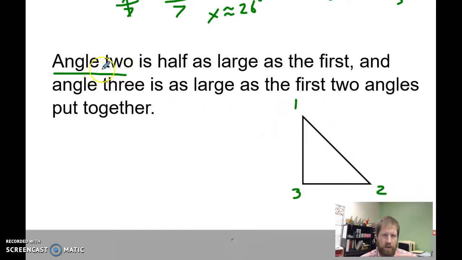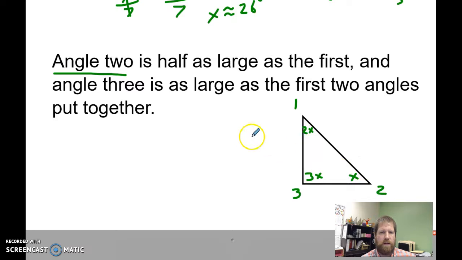Angle 2 is my smallest one, so I'm going to put 1x there. Angle 1 is twice as big, so that's 2x. And then angle 3 is as large as those two put together. 2x plus 1x is 3x.